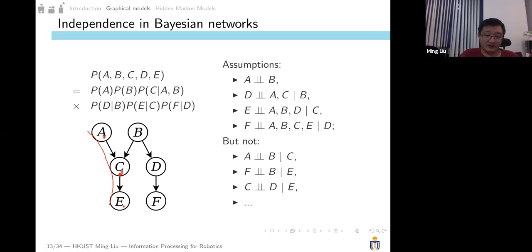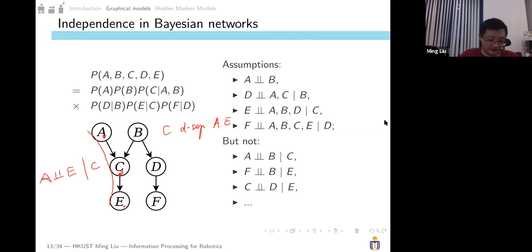That means C d-separates A and E. That means A and E will be independent given C. Given C, A and E will be conditionally independent. This is clear.